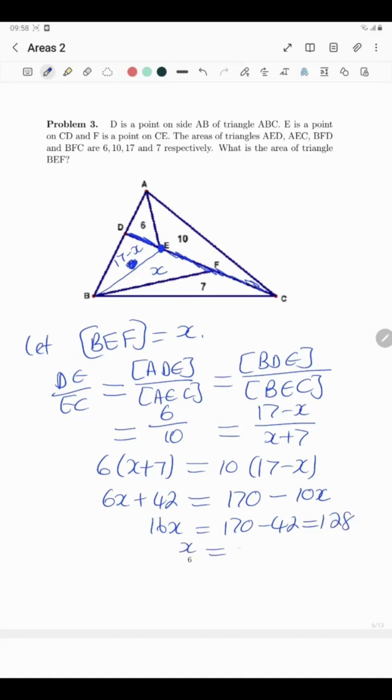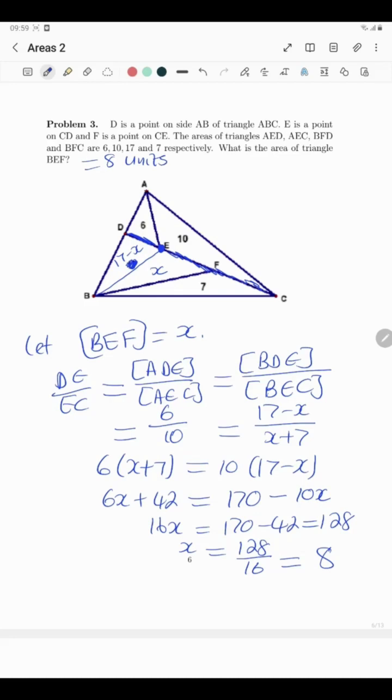So x is 128 divided by 16. One way to divide by 16 is to halve, halve, halve, halve. By halving 4 times, you will see that 128 divided by 16 gives you 8. And so the area of triangle BEF is going to be 8 units.